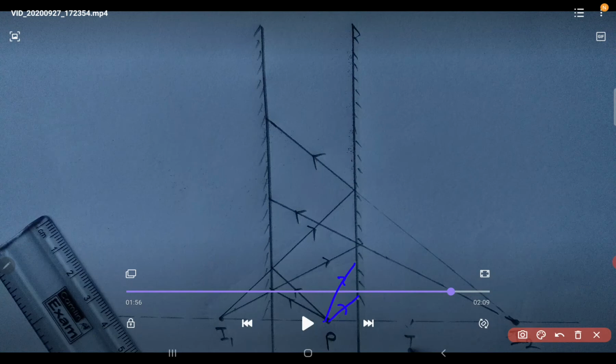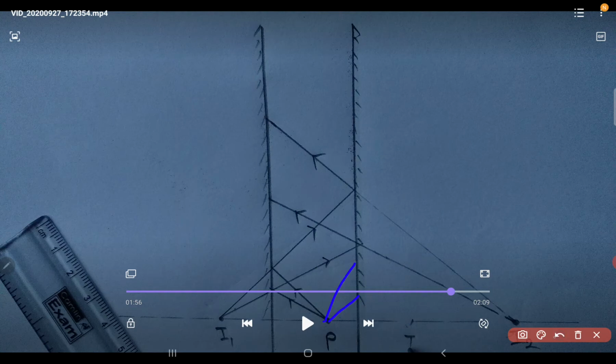Again there will be reflection from here, it will reach here, this will reach here, and thus one image is created. Again I have to make another image here, that will be my I double dash, and that will keep on going. So we are avoiding to make it more complicated, therefore only 2 rays are taken for the diagram.